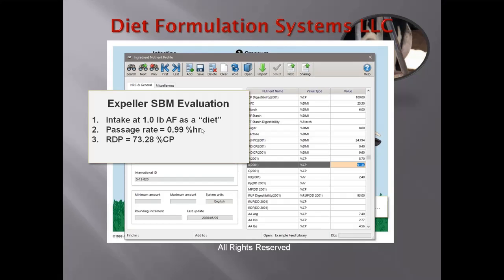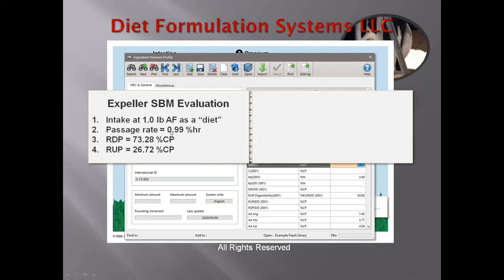NRC is modeling this as protein from expeller meal at this passage rate being 73% degraded in the rumen. 73%. Only 27% is partitioned as RUP. Now, that may seem surprising to you, but this is all due to the dynamic nature of degradation rate and passage rate within the model.